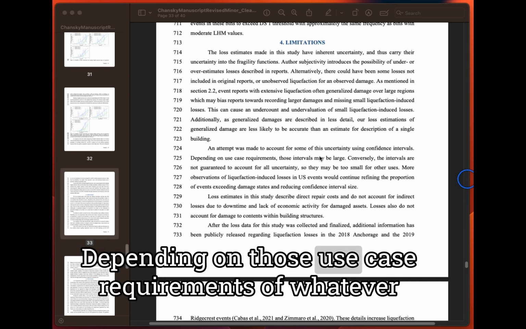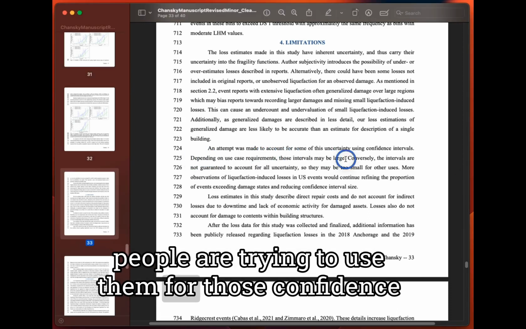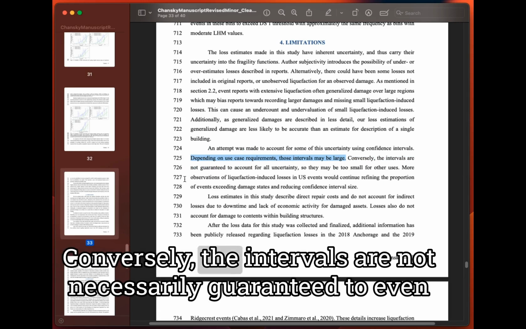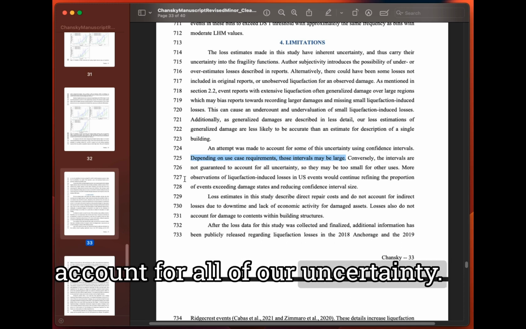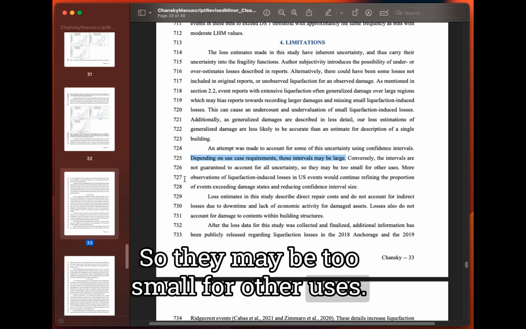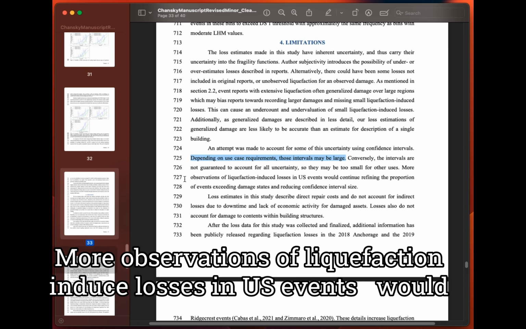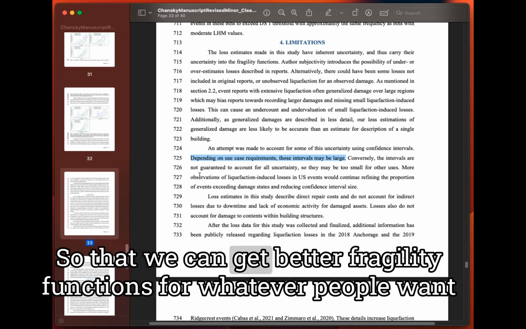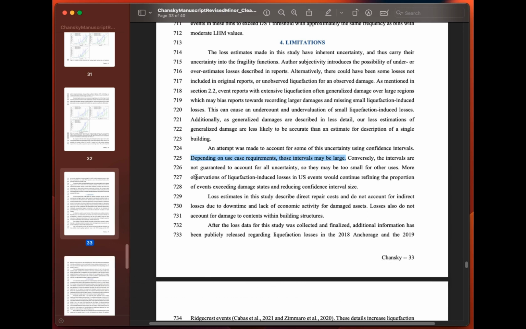Depending on those use case requirements of whatever people are trying to use them for, those confidence intervals may be too large. Conversely, the intervals are not necessarily guaranteed to even account for all of our uncertainty, so they may be too small for other uses. More observations of liquefaction-induced losses in US events would continue refining and minimizing those confidence intervals so that we can get better fragility functions for whatever people want to use them for going forward.